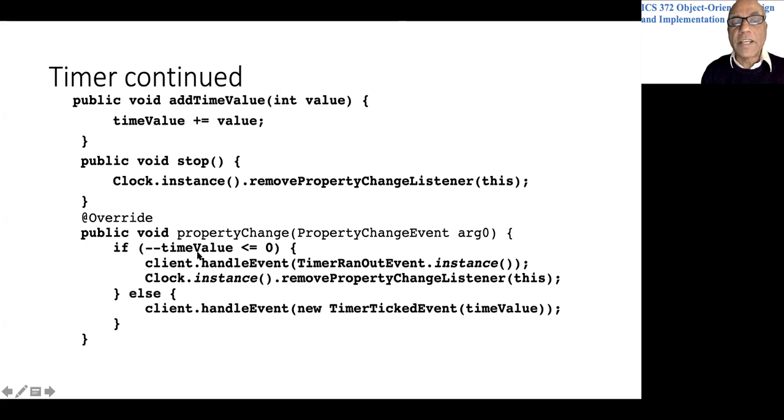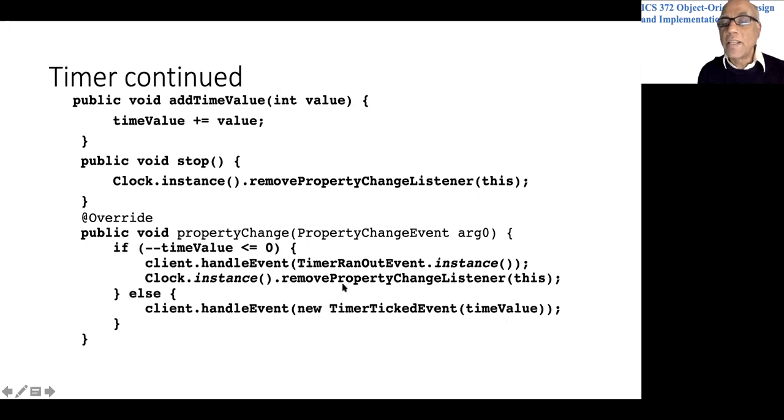We decrement the time value, and if it is touching 0, we call the handle event of the client with this instance of the timer ran out event class. So that is one of the events, and it stops listening. Otherwise, it tells the client that the timer has ticked. So this creates a new object with the time value.